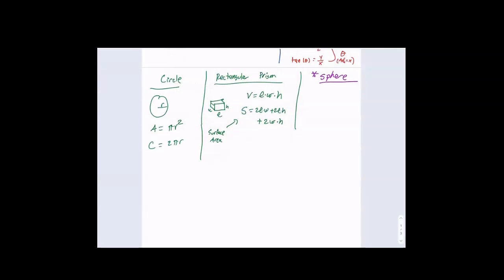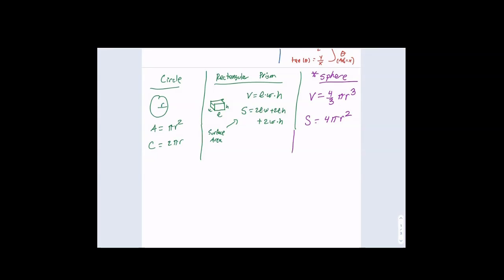For a sphere, like I said, most of the times I've seen the sphere come up, they've given you the formula. The volume of a sphere is 4/3 pi r cubed, because its units are cubic, and surface area is 4 pi r squared, which is nice, because if you take the derivative of volume, you get 4 pi r squared.